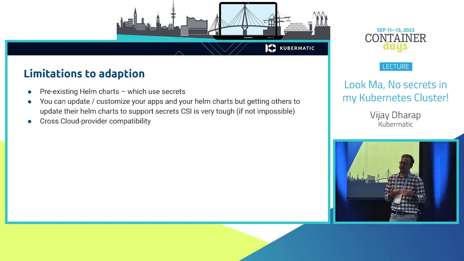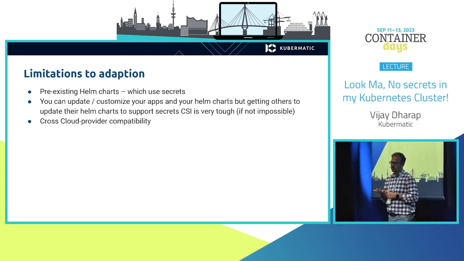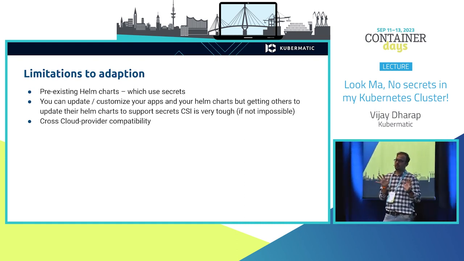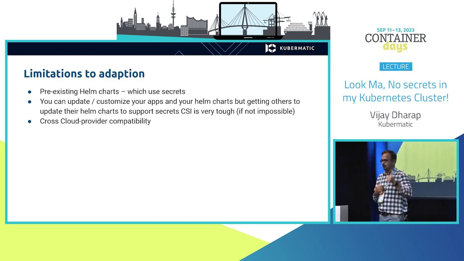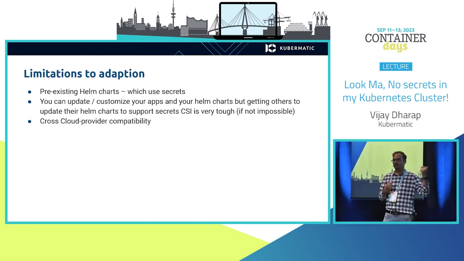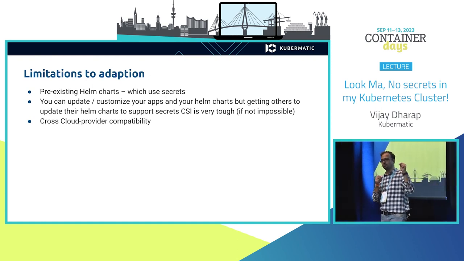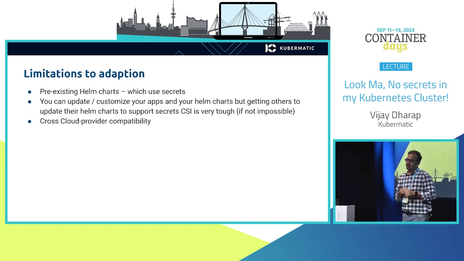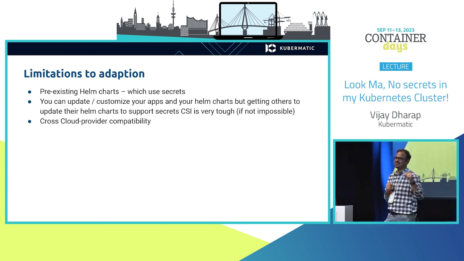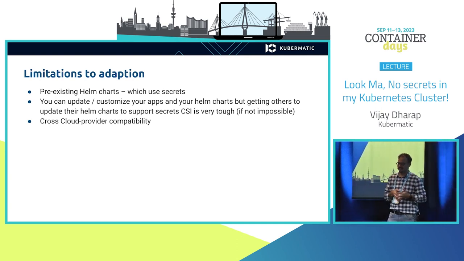Another thing, as I was saying, the IRSA thing for AWS, right? Such kind of things exist for all the clouds. So right now, having cross-cloud provider compatibility is hard. I mean, right now my cluster is on AWS and I'm still able to use Azure, but that also means that I had to create a secret, ironically, to have an Azure client ID and client secret saved in my cluster.